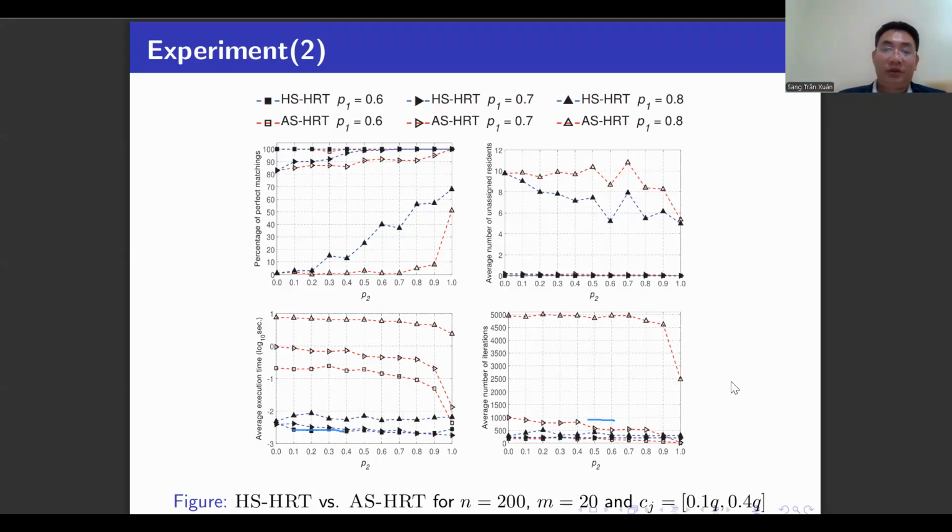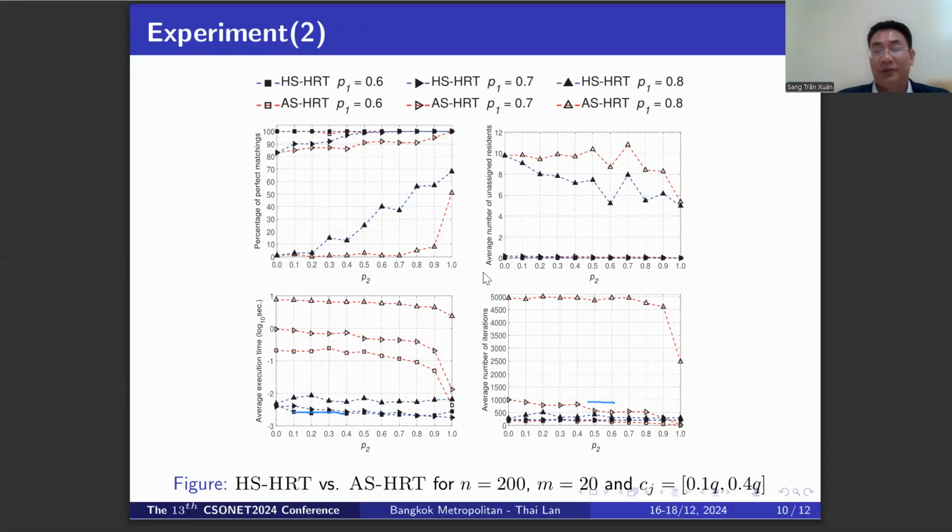It can be understood that a hospital ranks Q residents but chooses from 10% to 40% of the residents in its rank list. Here are the results of the comparison.